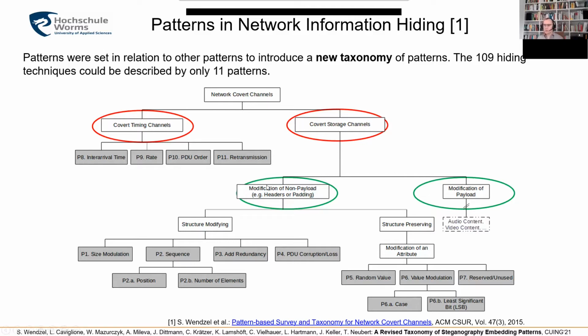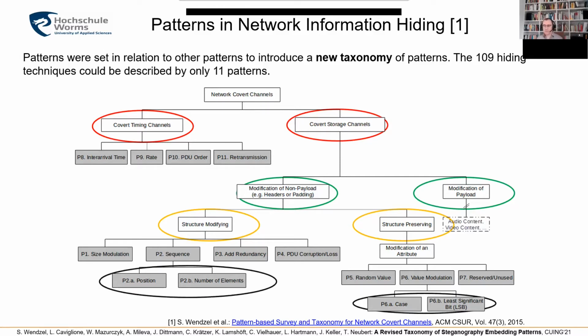And the non-payload, that means headers, all the metadata and padding fields, are differentiated into those methods that modify the structure of, for instance, a network packet, or that preserve the structure of a network packet. As you can see, there are also child patterns feasible because we can derive them.